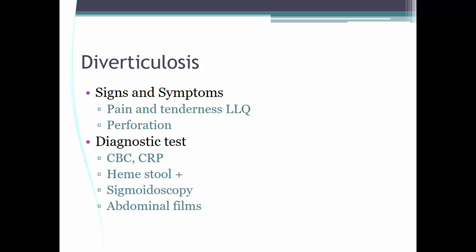Patients will have leukocytosis, elevation of inflammatory markers such as ESR and CRP. Heme stool will be positive, and you could diagnose with abdominal films, the presence of a foreign body in the pouch of the diverticulum, or a sigmoidoscopy.